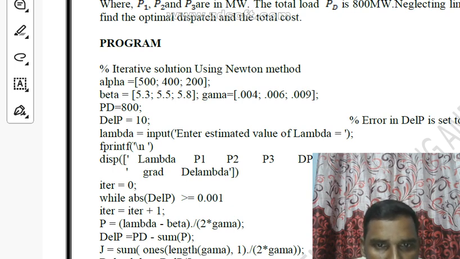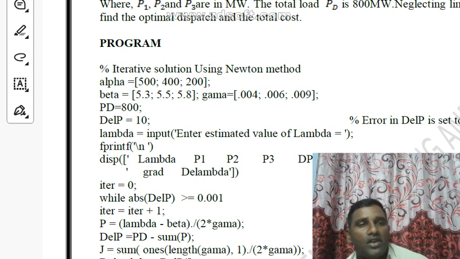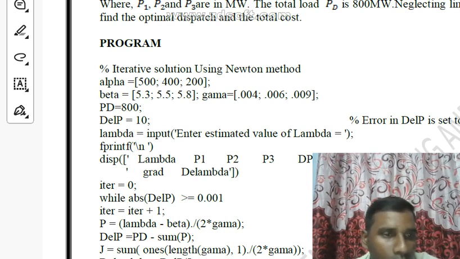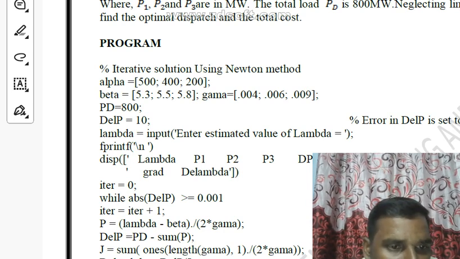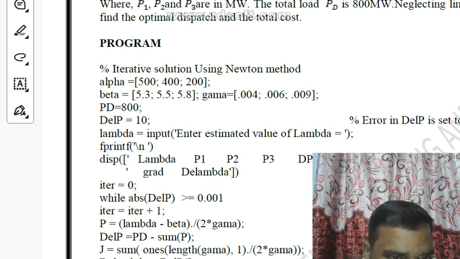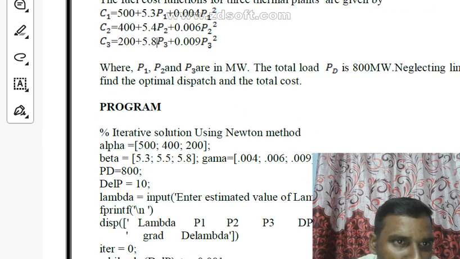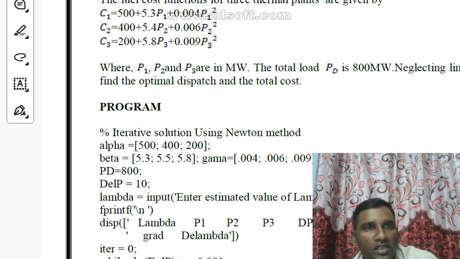Next, iteration equal to 0, while the absolute delta P. Iteration counter, test for convergence and the number of iterations needed to solve the given problem. Next, P is equal to lambda minus beta divided by 2 into gamma. Here delta P is PD, the maximum demand, minus the sum of the power.